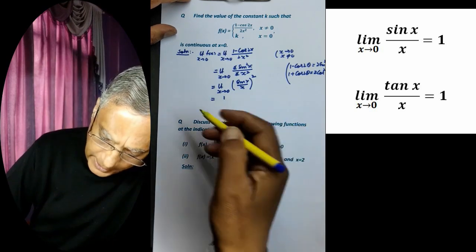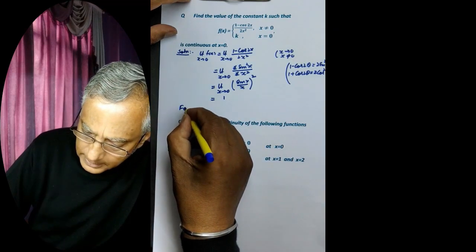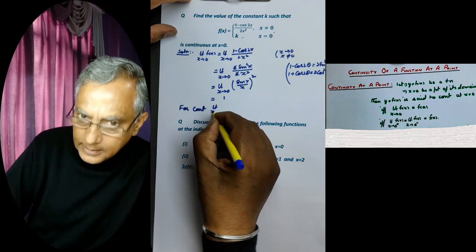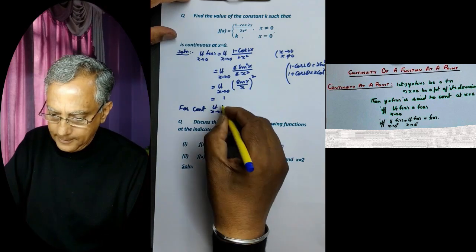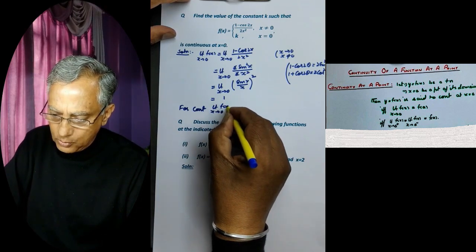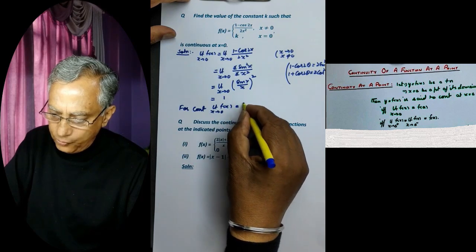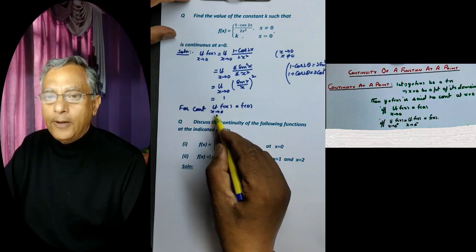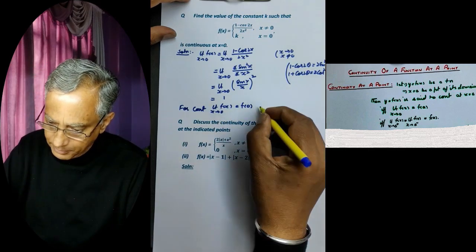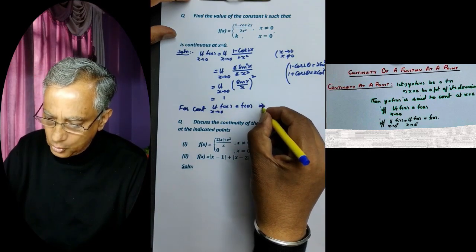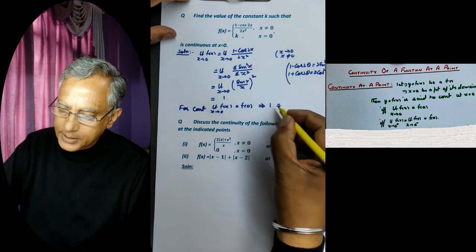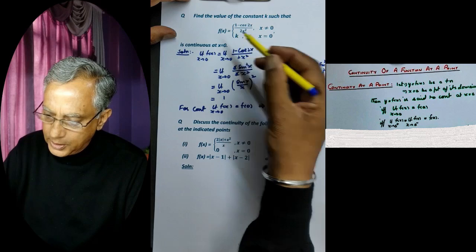Now for continuity, limit x approaches 0, f(x) is equal to f of 0. Value of the limit must be equal to the value of the function. This implies limit x approaches 0 of f(x) is 1, and value of the function at the point 0 is k.